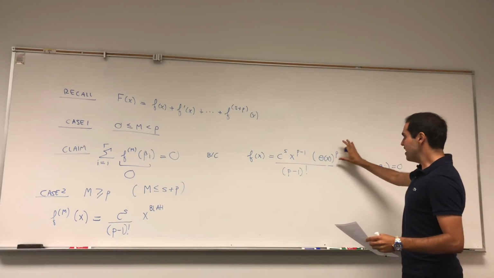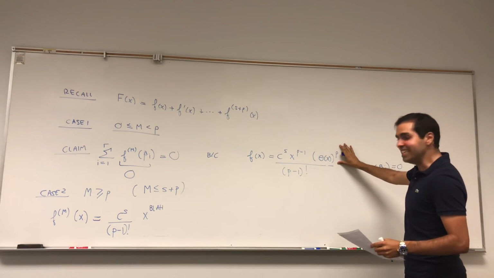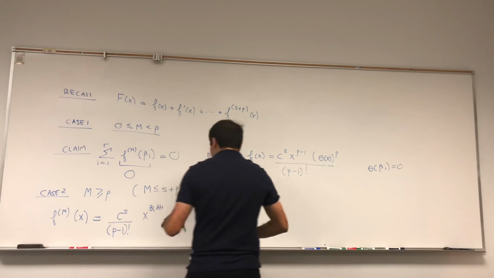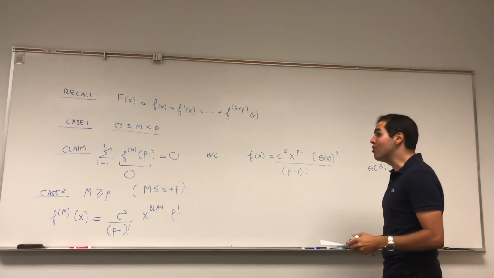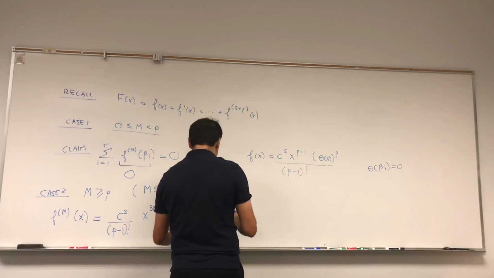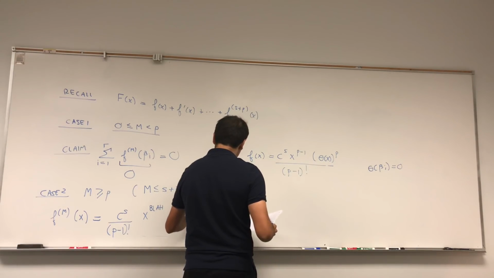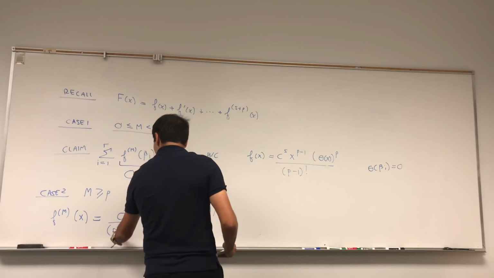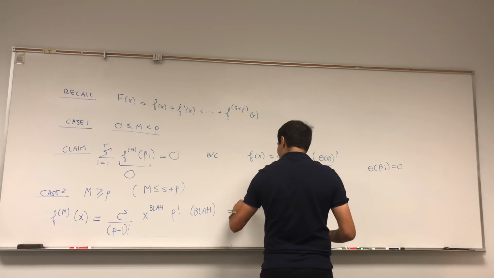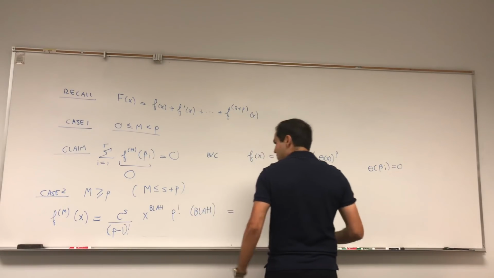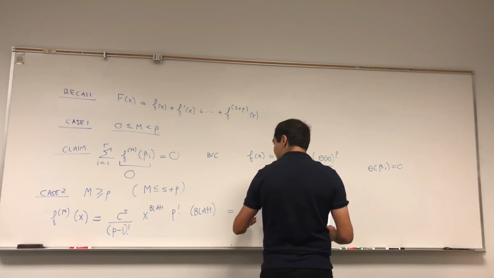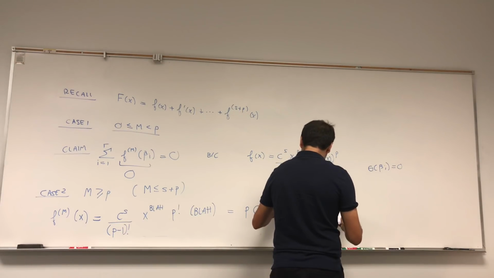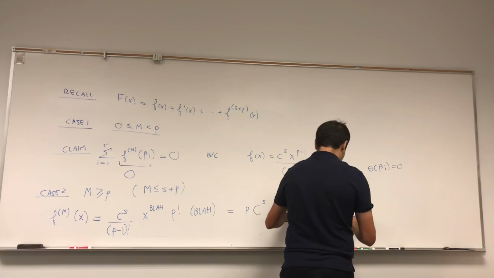But if you take at least p derivatives here, then you have some p factorial coming out. And that's just by using the chain rule a bunch of times. So you have p factorial times some huge expression. And that's good because what we're left with then, the p factorial and the p minus 1 factorial cancel out, and you get p c to the s, x to the blah, times blah.